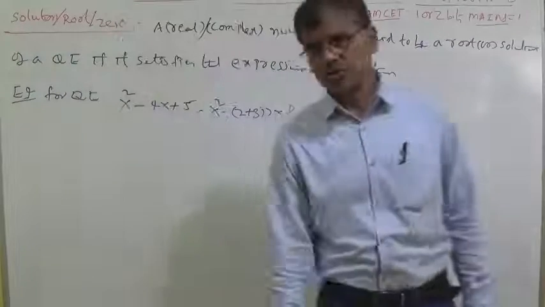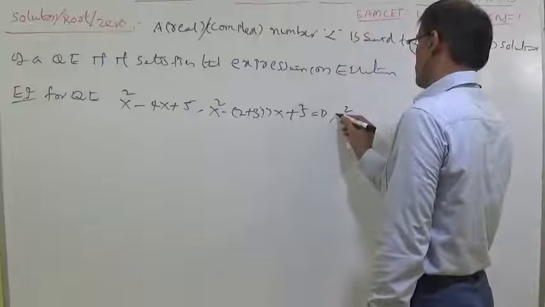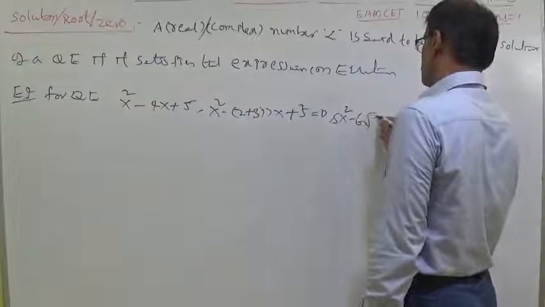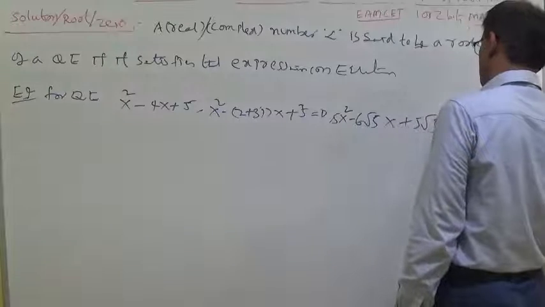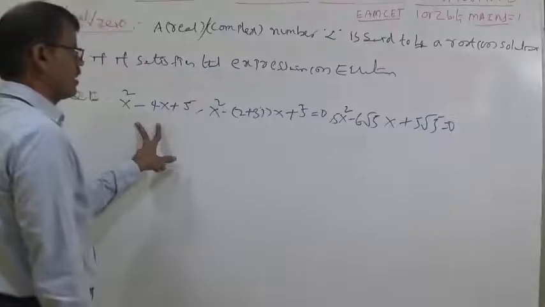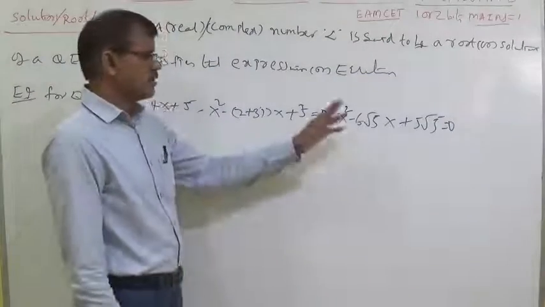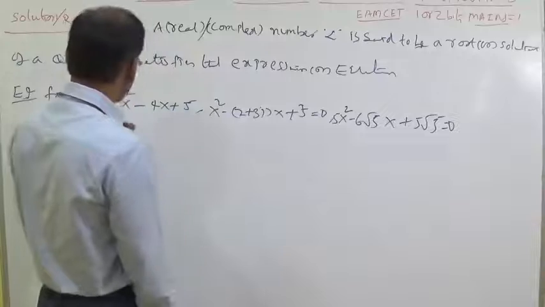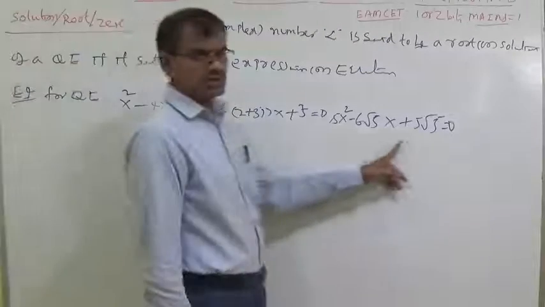Of course, this is an equation, this is an expression. And 5x square minus x root 5x plus 5 root 5 equal to 0. Students, I am writing here simply a real number model, this is a complex number model, and this is an irrational model. Anywhere you can take an example. These are the examples of quadratic expression. This is an expression, this is an equation, this is an equation.